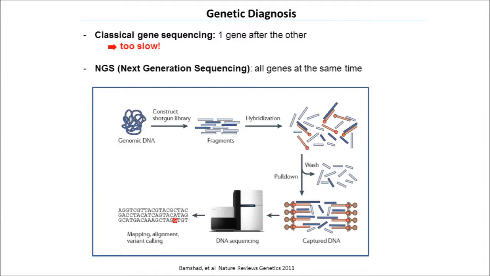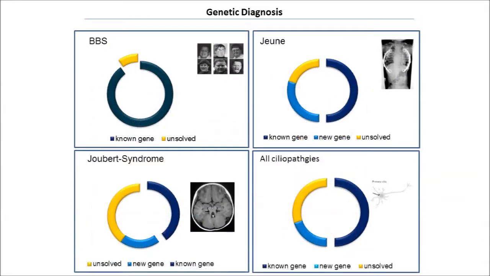If we look at what we've done in London, we've looked at a number of different diseases with different numbers of patients, and we found that for the vast majority of BBS patients, shown here in blue, we do know the genetic defect. You can see there are only very few patients where we do not know. And this is patients investigated with the new method.